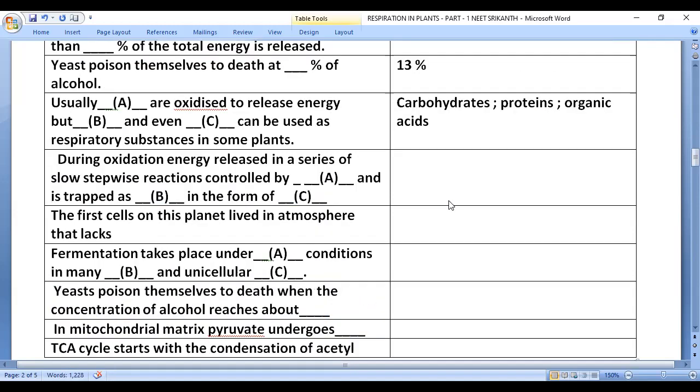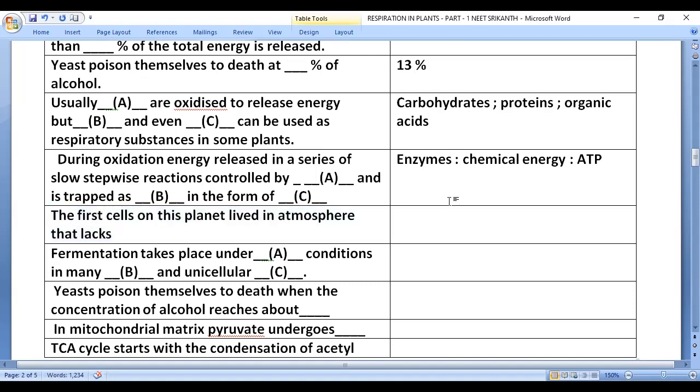During oxidation, energy is released in a series of slow stepwise reactions controlled by enzymes, and is trapped as chemical energy in the form of ATP.